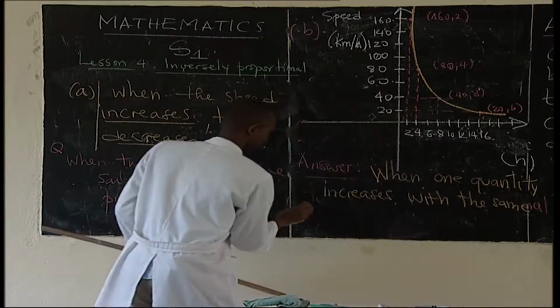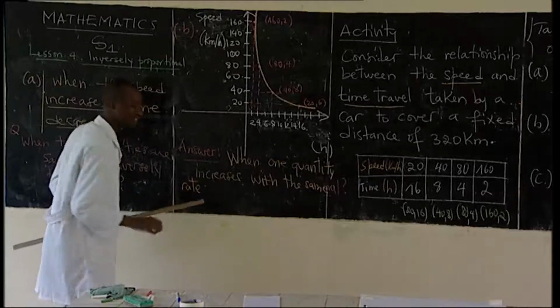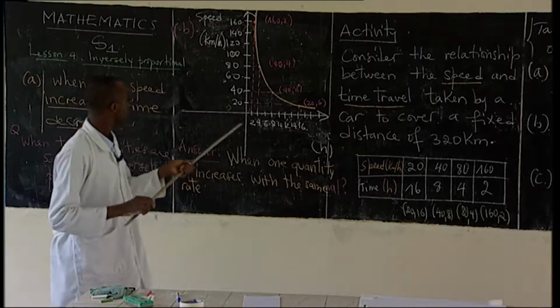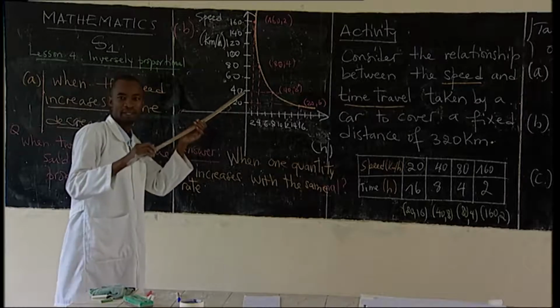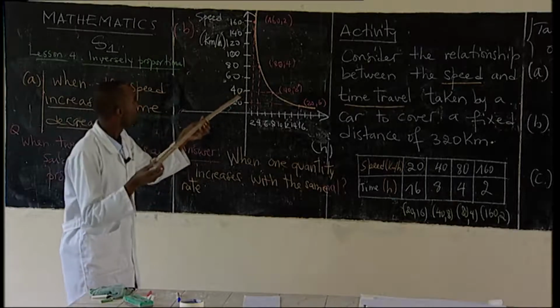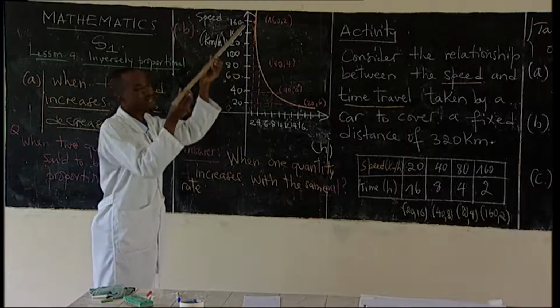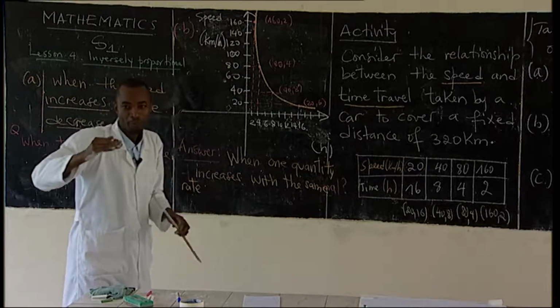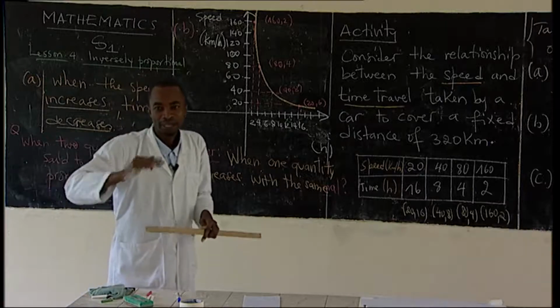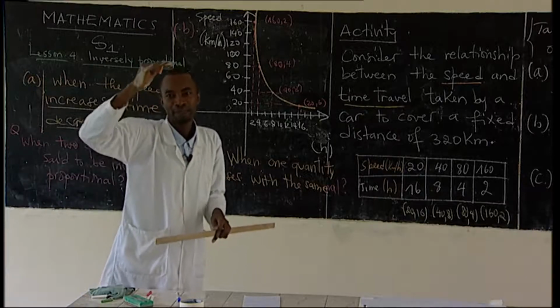it has increased from 20 to 40. You see? Doubled. From 40 to 80, doubled. From 80 to 160, doubled. You see? We have the same rate. We are doubling, doubling, doubling.